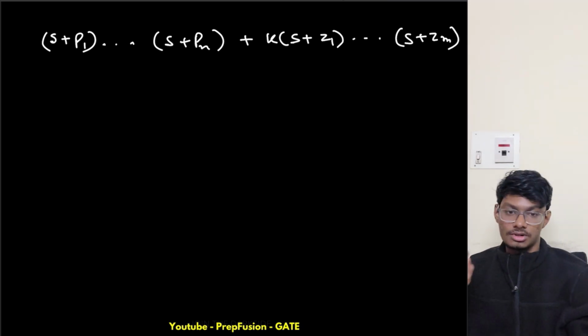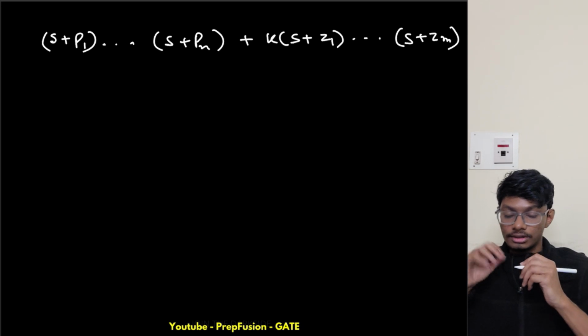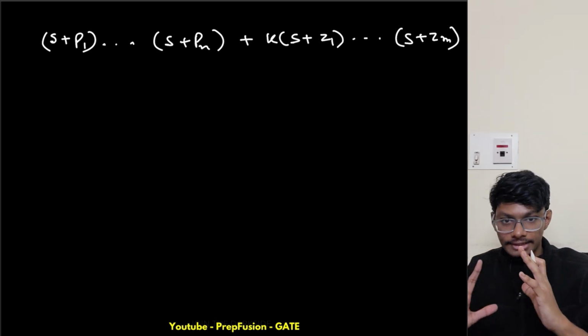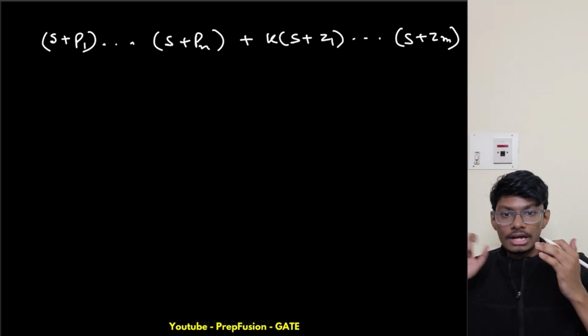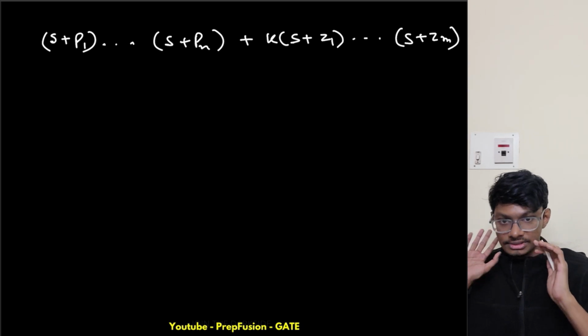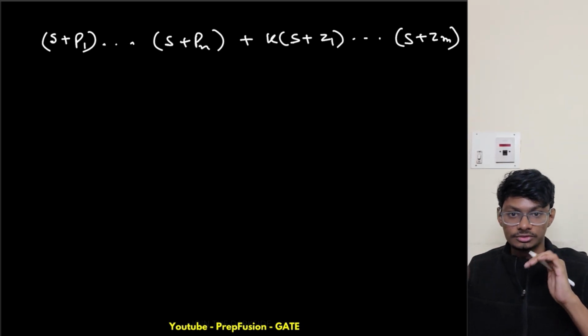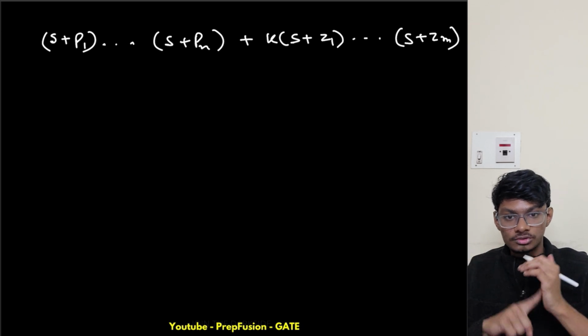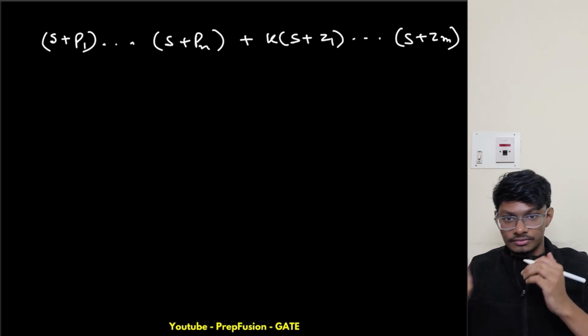Now what we know is that generally, for a realizable system, and for the system transfer function to be proper, the number of poles will always be greater than the number of zeros.